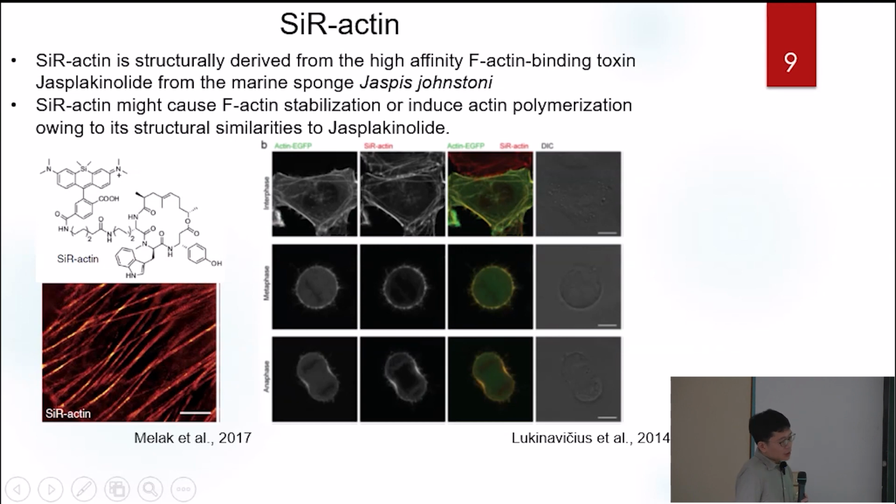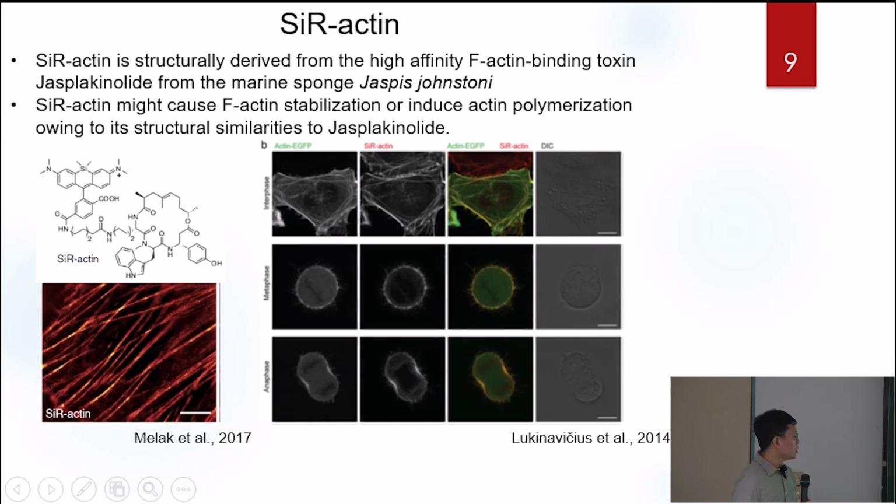Okay. The second method is also a small molecule called SiR-actin. It's also derived from another toxin, from a marine sponge. Because it's similar to phalloidin with a different structure, it also stabilizes F-actin dynamics. So it's also good for fixed samples, but not that good for live imaging.